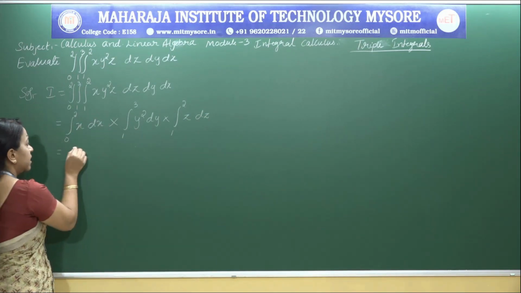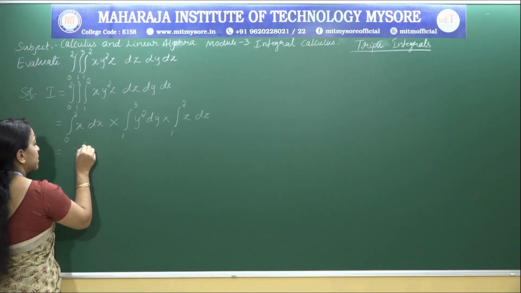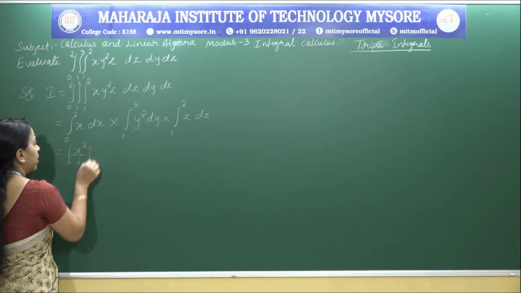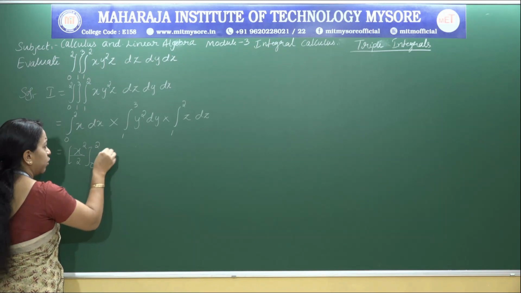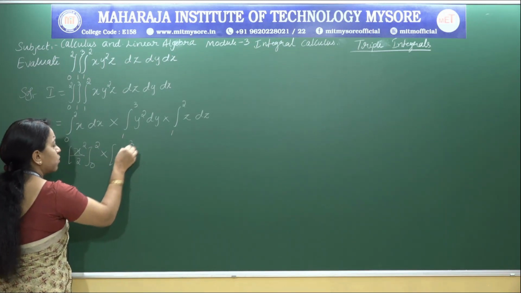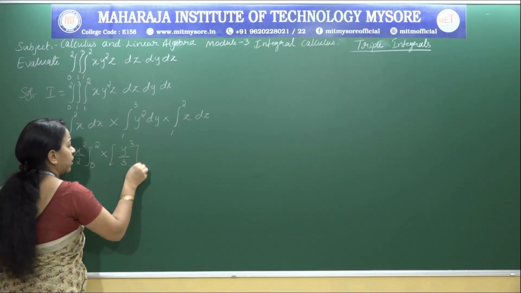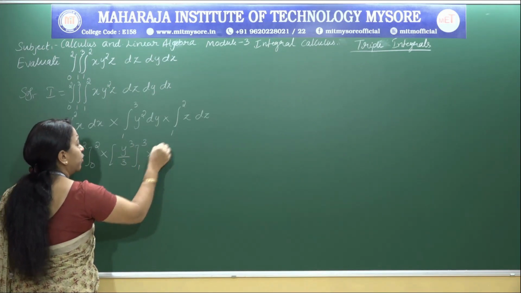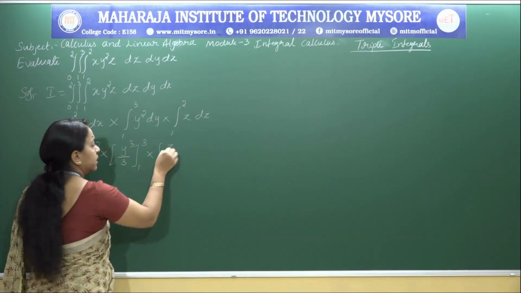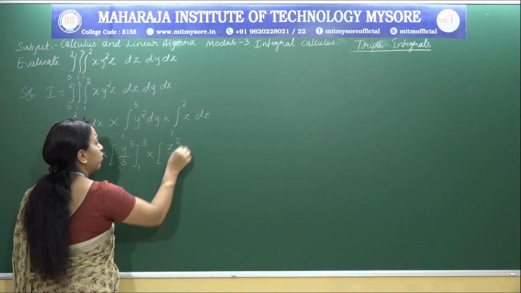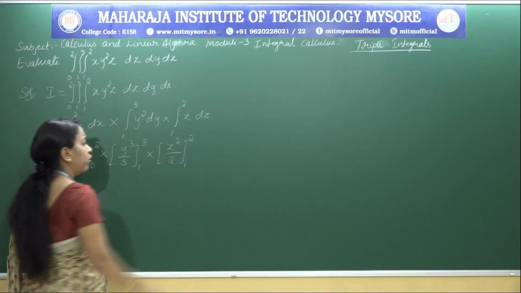Now integrate x with respect to x, that is x square by 2 between the limits 0 to 2, into the integral of y square, which is y cube by 3 between the limits 1 to 3, into the integral of z, which is z square by 2 between the limits 1 to 2.